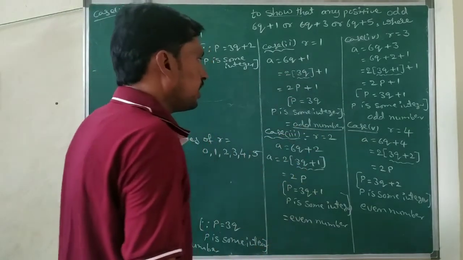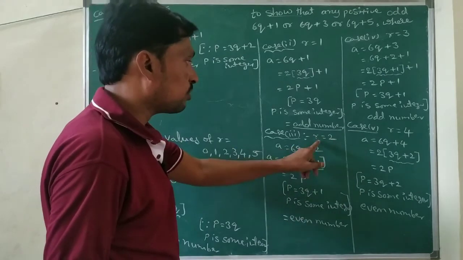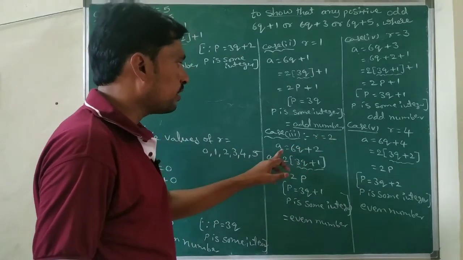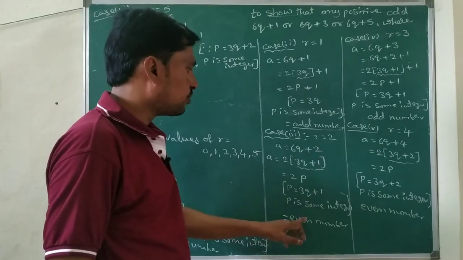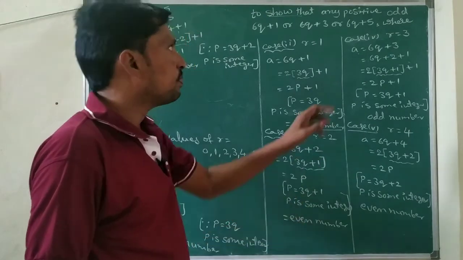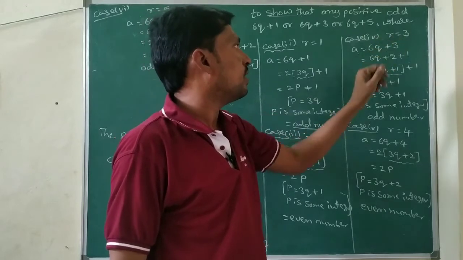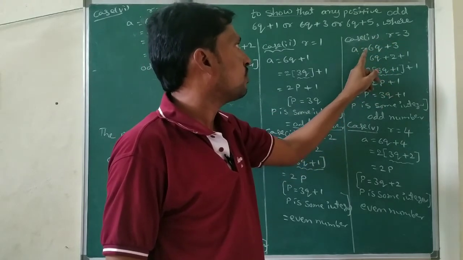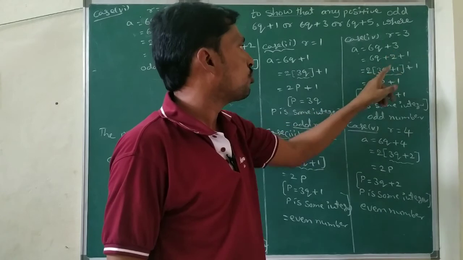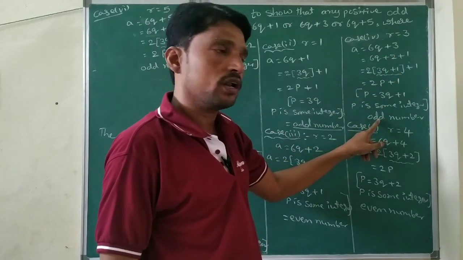And r equal 2 means a equals 6q plus 2, we got an even number, and case number 4, r equal 3 means a equals 6q plus 3, we got an odd number.